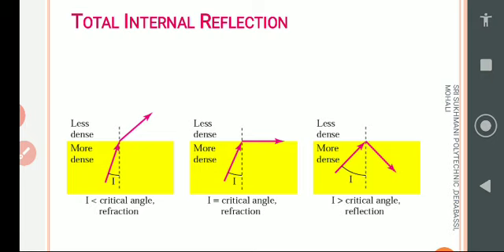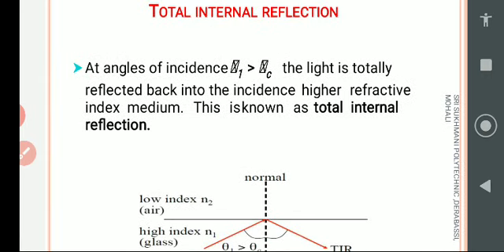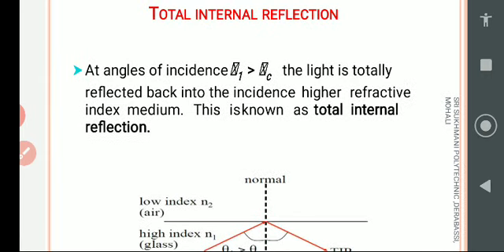But if the angle is less than the critical angle, the light will be refracted out of the fiber and it will be less important to us. So at an angle of incidence greater than the critical angle, the light is totally reflected back into the material of higher refractive index, that is the core, and this is known as total internal reflection.